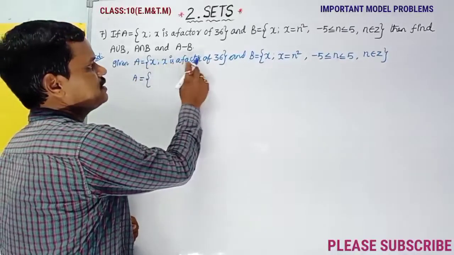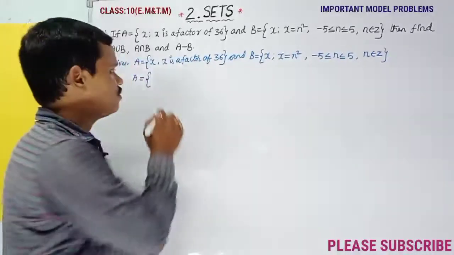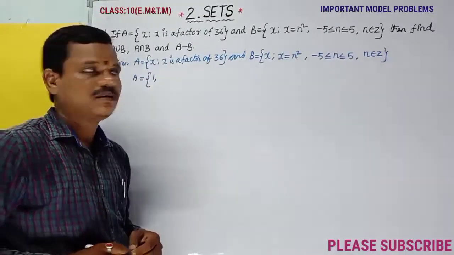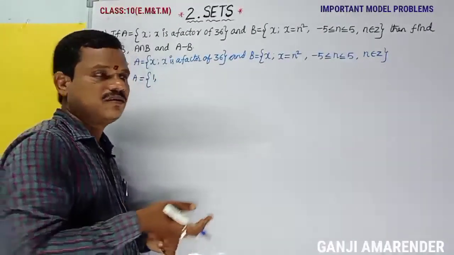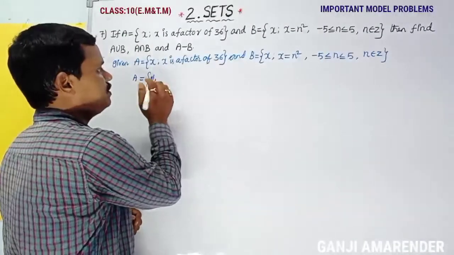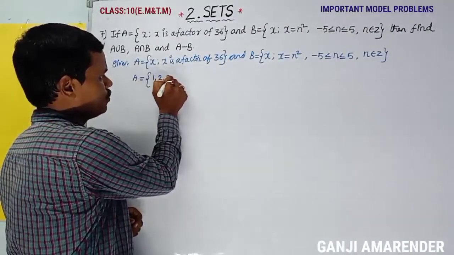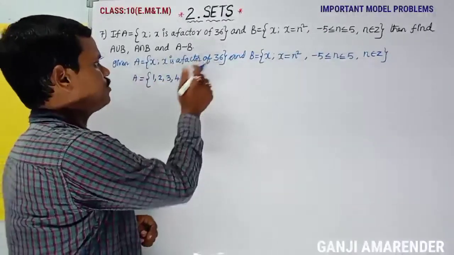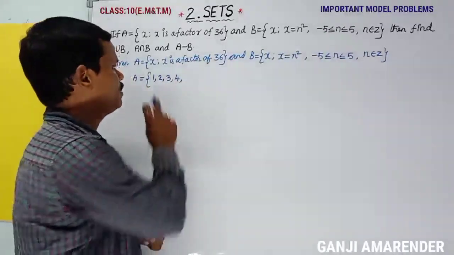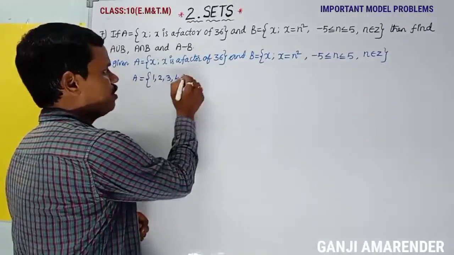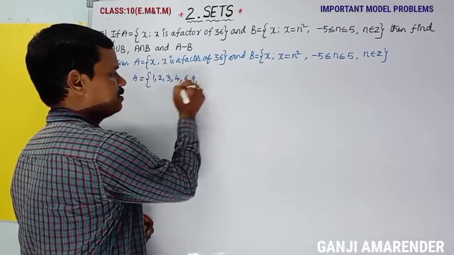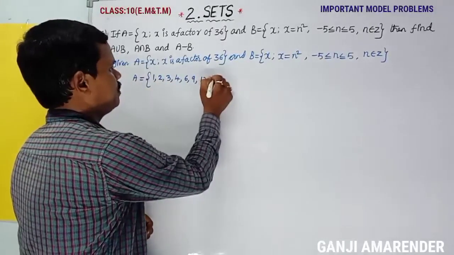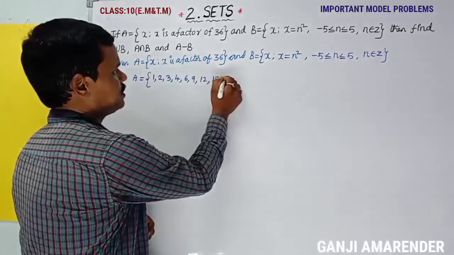x such that x is a factor of 36, so write its elements in roster form. What are the factors of 36? 1 into 36, 2 18s, 3 12s, 4 9s, 6 6s.